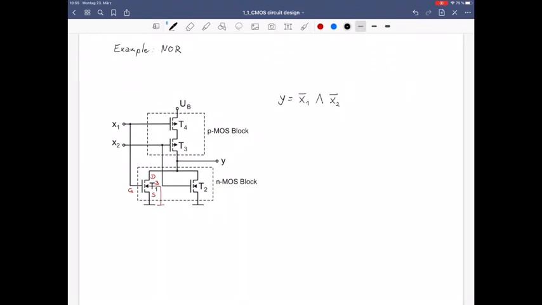So we can, doing a simple operation with this equation, write again y equals, and now we can apply the already mentioned De Morgan's law. This gives us x1 or x2 inverted. So from here to here, the way is using De Morgan's law.